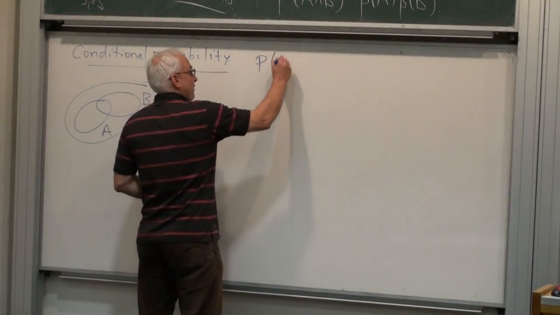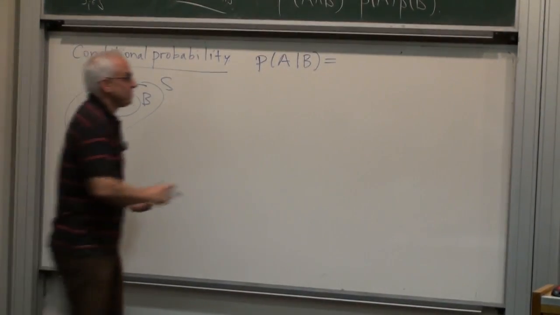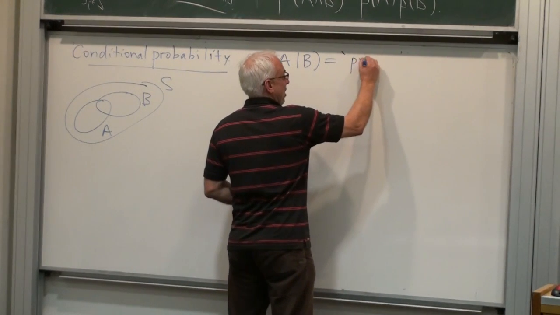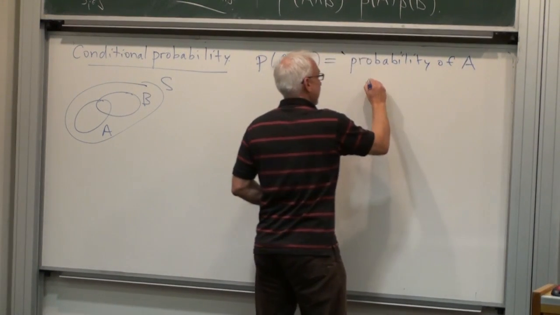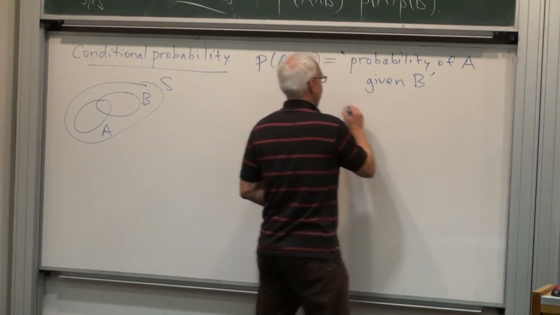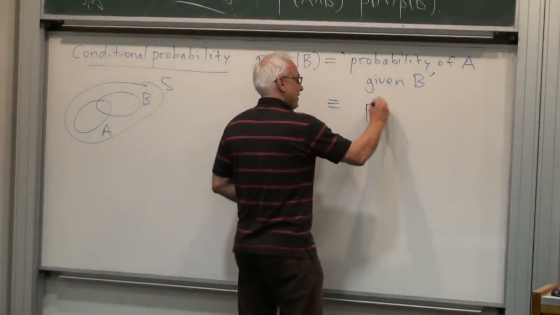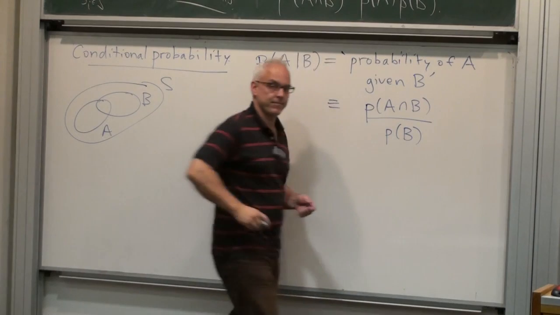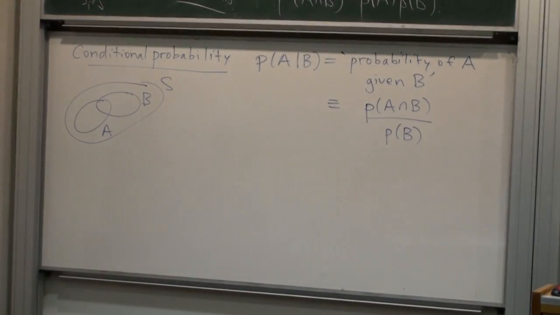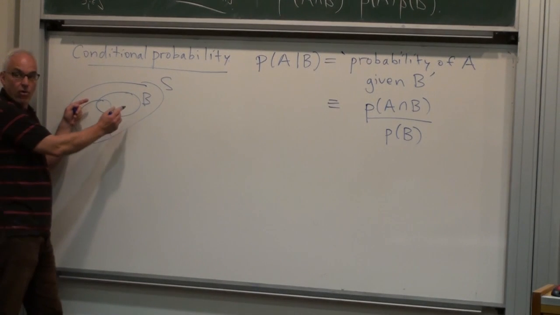Then the probability of A given B is defined, and we read it as the probability of A given B. And that was, by definition, the probability of the intersection divided by the probability of B. So when we want to look at the probability of A given B, we're looking at really only just this part of the story.